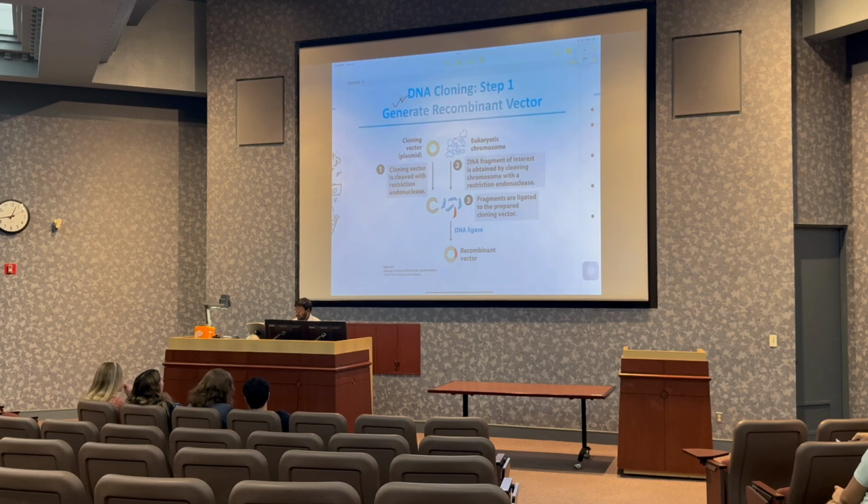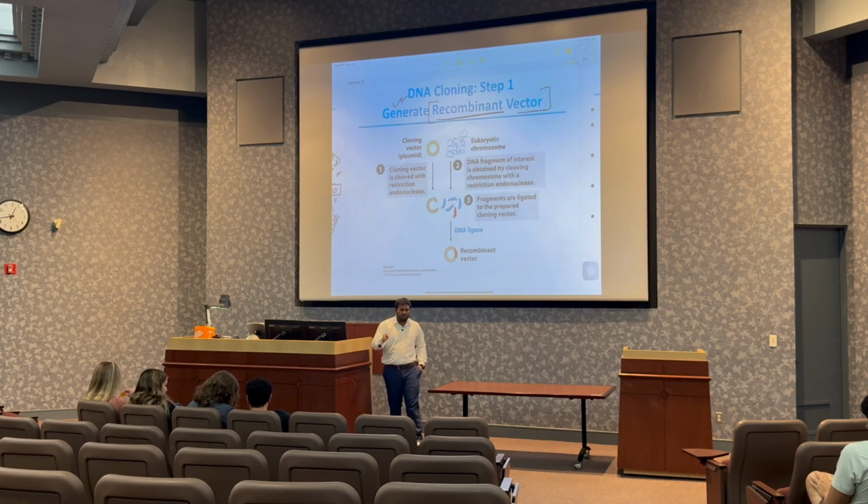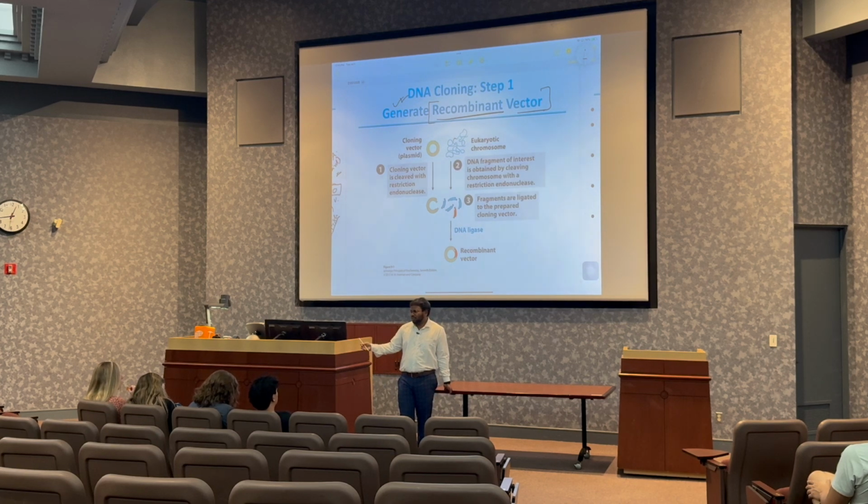Let's understand what DNA cloning is. Step 1, generate a recombinant vector. Why are we so interested in making this recombinant vector? As I said, you can make identical copies of yourself, but the problem is lifespan. Our lifespan is almost 80 to 100 years, so you cannot wait 80 to 100 years to finish your experiments.